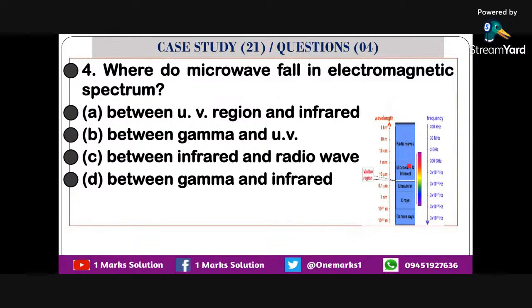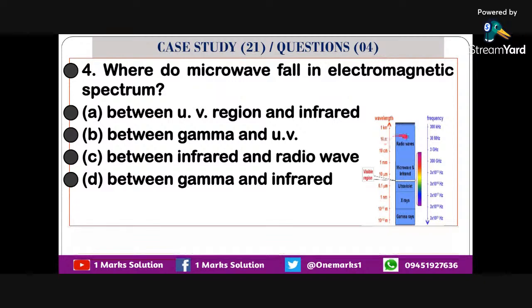Can you see the spectrum I have just taken out? That means radio waves, microwaves, infrared, ultraviolet, X-rays, and gamma rays are there. So the wavelength range and the frequency range are also there. Please study this electromagnetic spectrum in this way. I'm not telling you to learn it by heart, but you have to know the range.